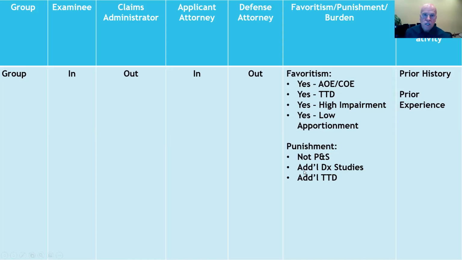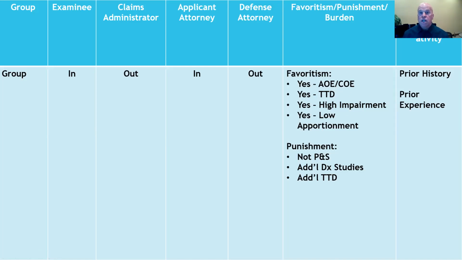You may punish the claims payer by ordering expensive and additional diagnostic studies that perhaps are not really necessary, or perhaps not going to change the course or the outcome of the case. You may provide for additional total temporary disability, and in this way, punish those in your out-group, but show favoritism to those in the in-group.